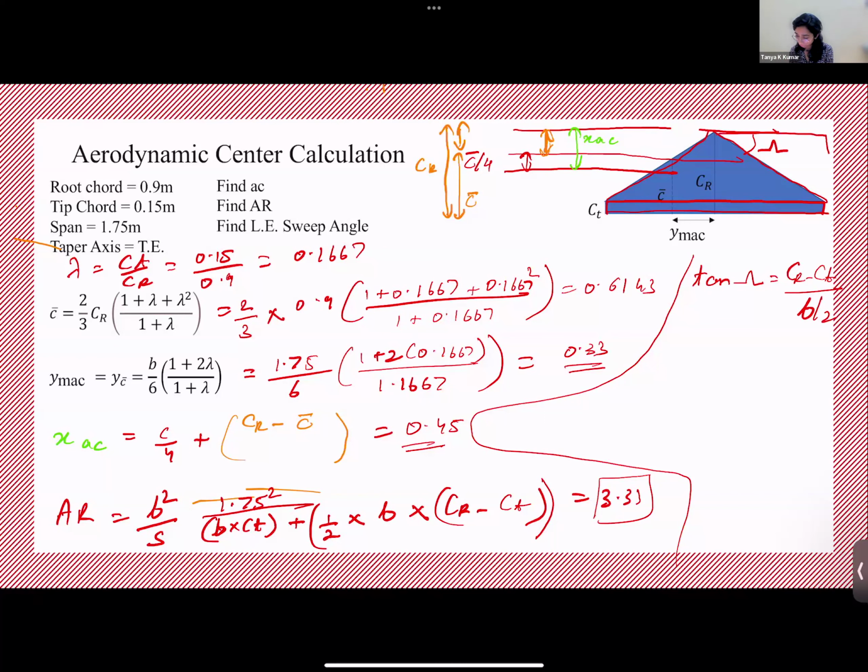It's only for this case, okay? So if I draw a triangle here, this length is B by 2 and this is CR minus CT, correct?